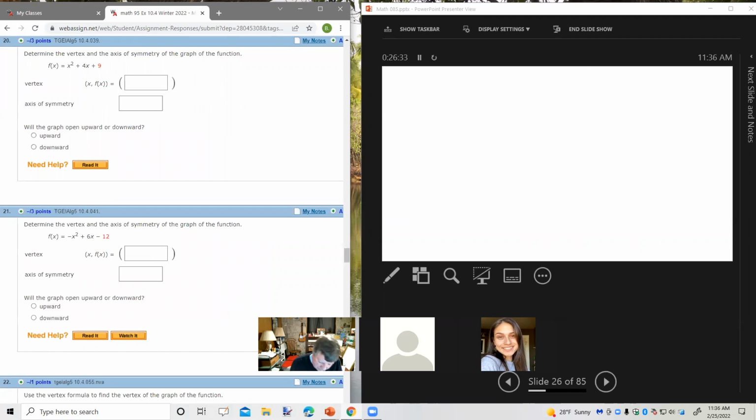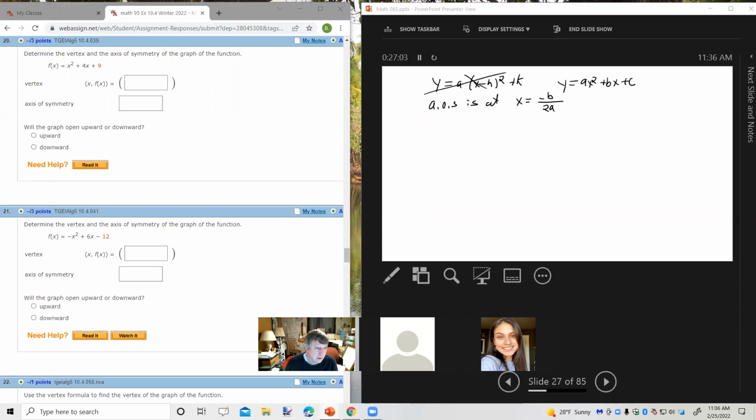It's not in the form y equals a times x minus h squared plus k. It's in this form, y equals ax squared plus bx plus c. When it's in that form, the axis of symmetry is at x equals negative b over 2a.